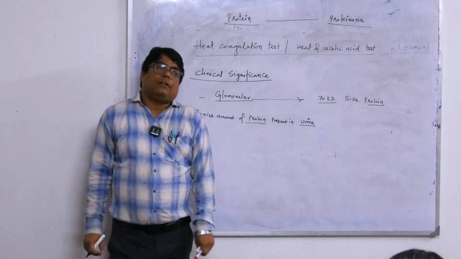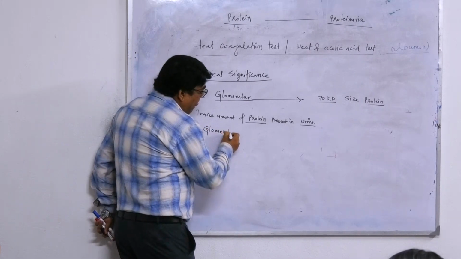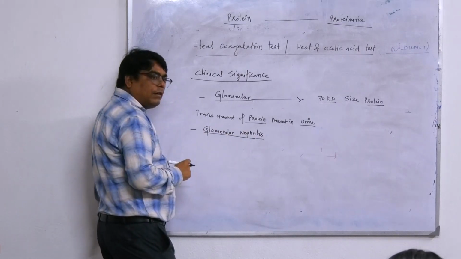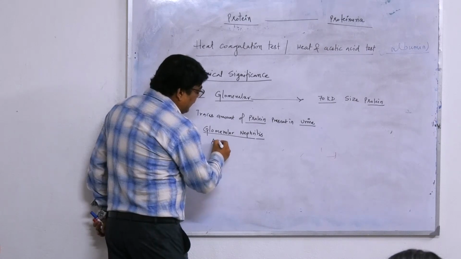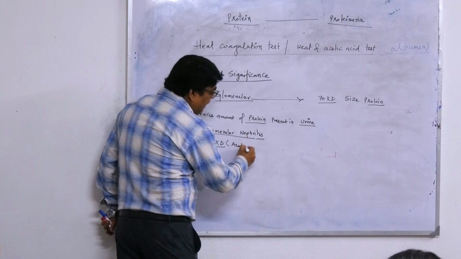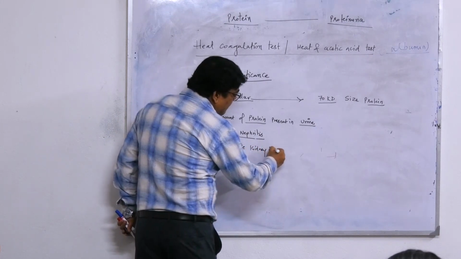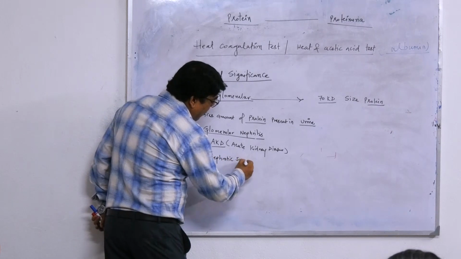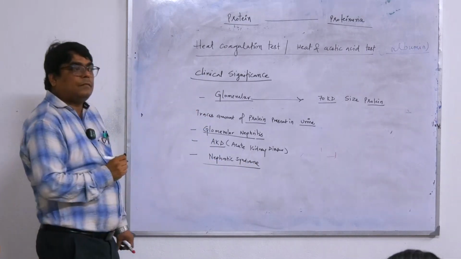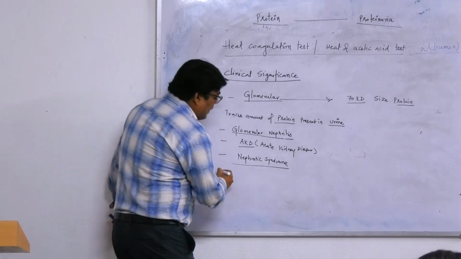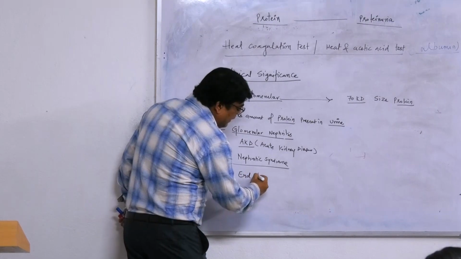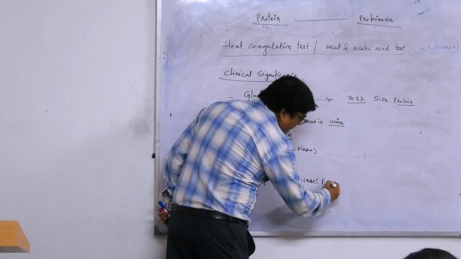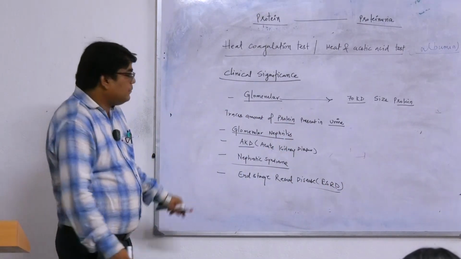If there is any kind of infection, in the condition of nephritis, which is basically an inflammation of the glomerulus, any condition of AKD, acute kidney disease, any kind of nephrotic syndrome, and lastly to confirm end stage renal disease, ESRD, we confirm it by this test.